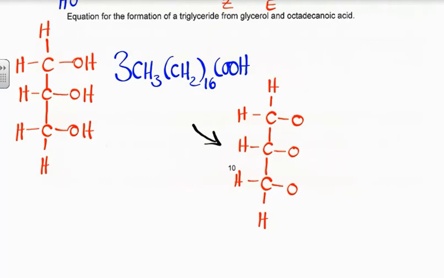Here's the structure of the product. Carefully illustrate each of the ester links. This is the first thing that the examiner will be looking for, and then I'm just attaching my long chains.